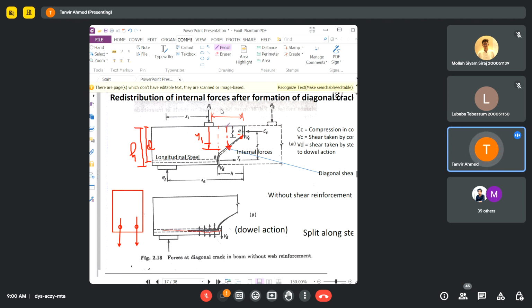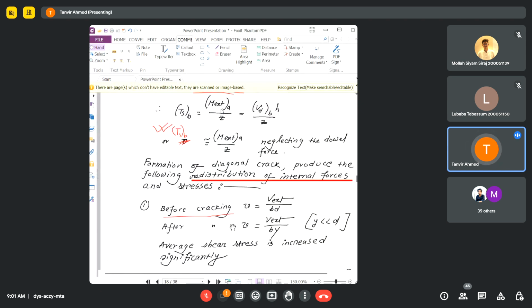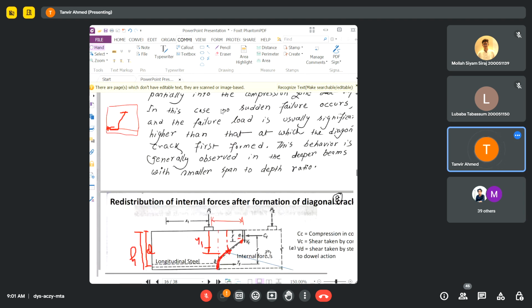Now in this case, if I calculate the value of TS when the crack has moved up to this point, let me first say, the crack comes up to this point, right? So what will be the value of TS?